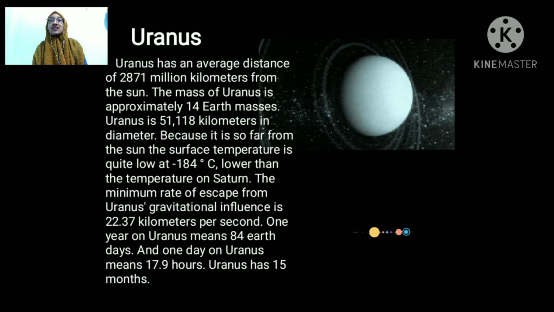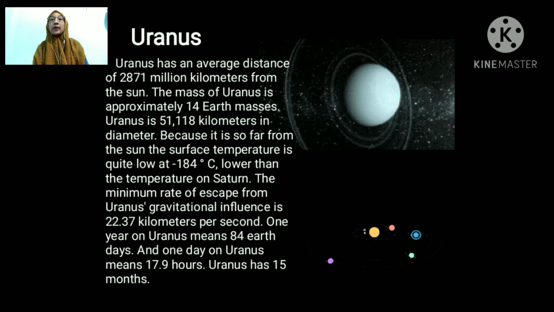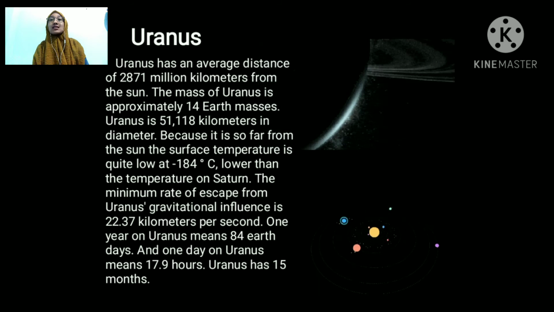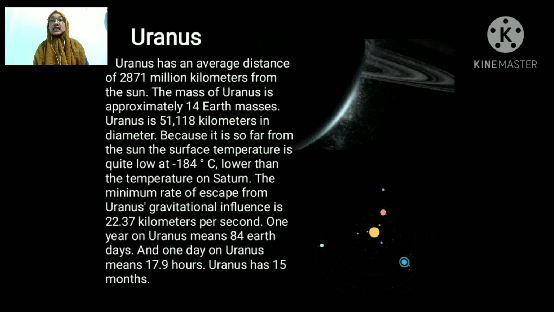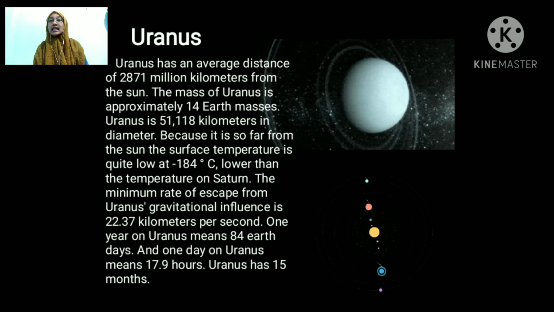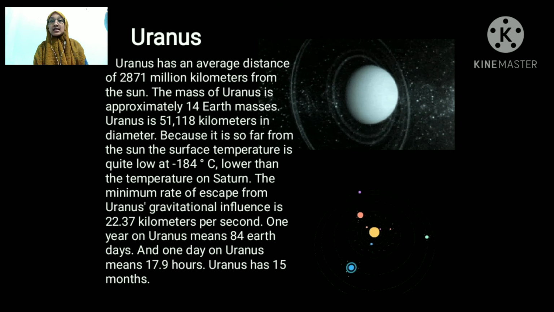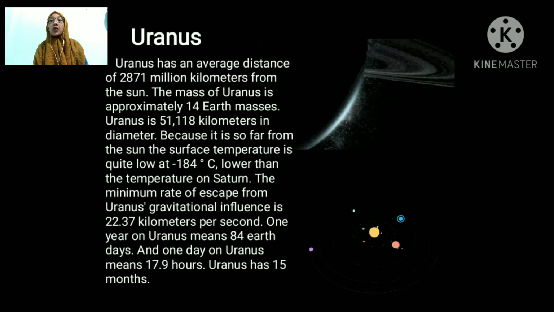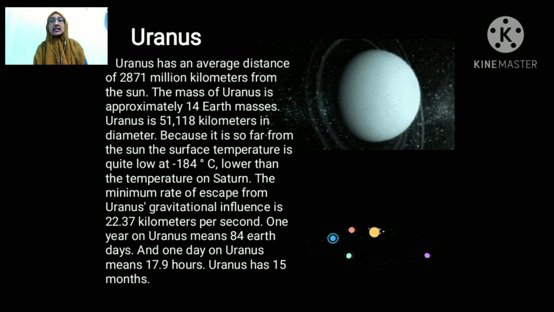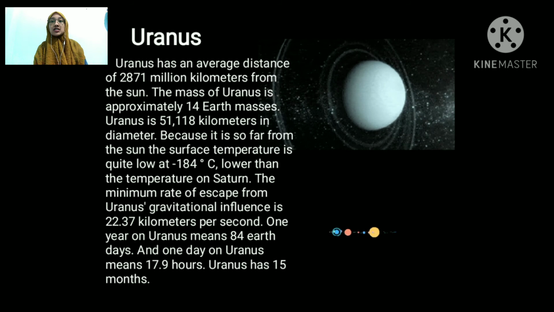Uranus. Uranus has an average distance of 2,871 million kilometers from the Sun. The mass of Uranus is approximately 14 Earth masses. Uranus is 51,118 kilometers in diameter. Because it is so far from the Sun, the surface temperature is quite low at minus 184 degrees Celsius, lower than the temperature on Saturn.